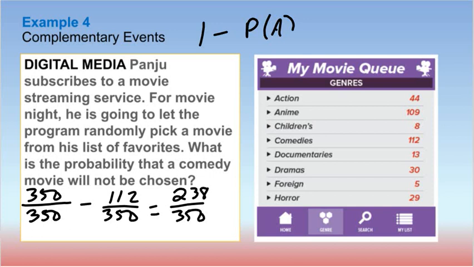And if I try simplifying that, 238 divided by 350, that gives us 17 out of 25 would be our fraction. If you put it as a decimal, that would give us 0.68, or 68%.